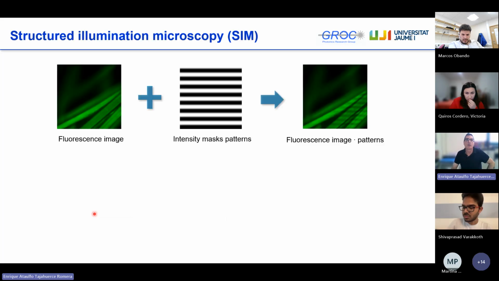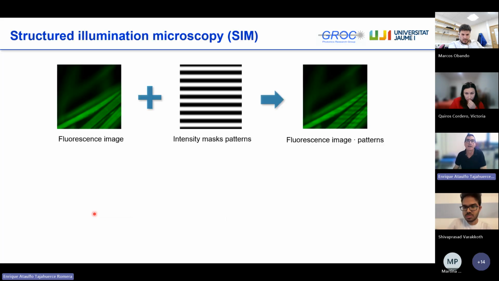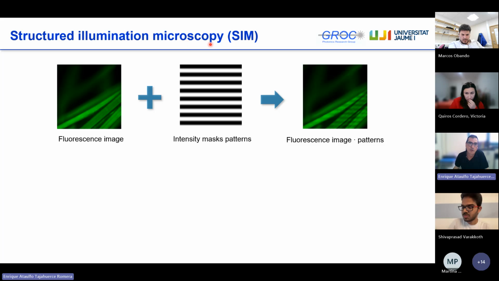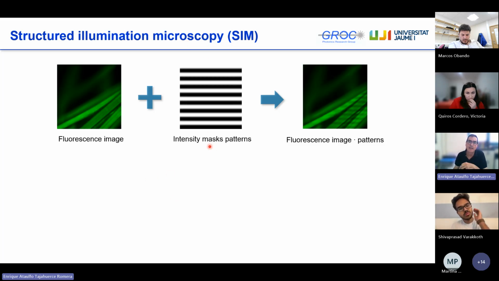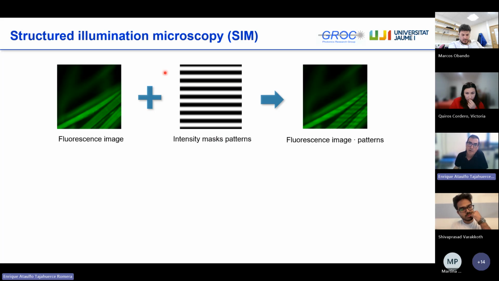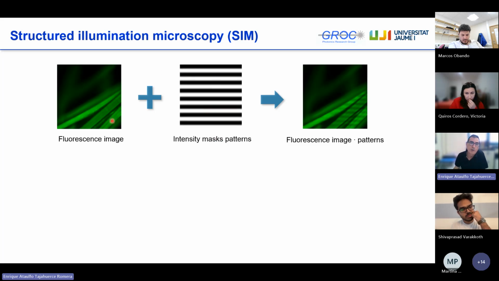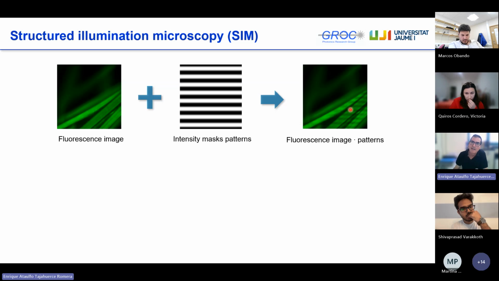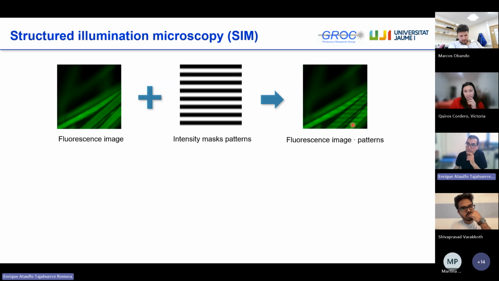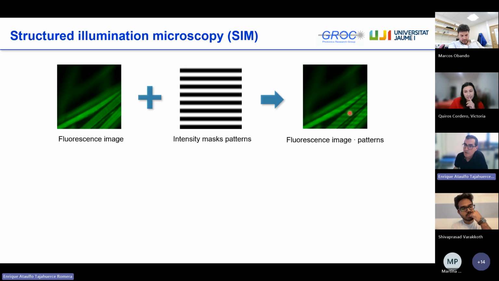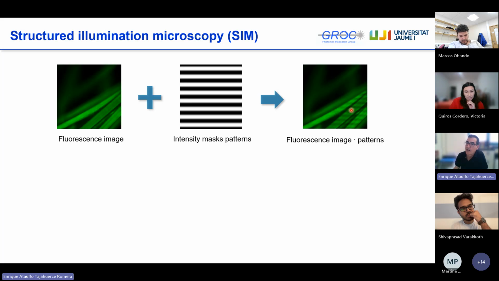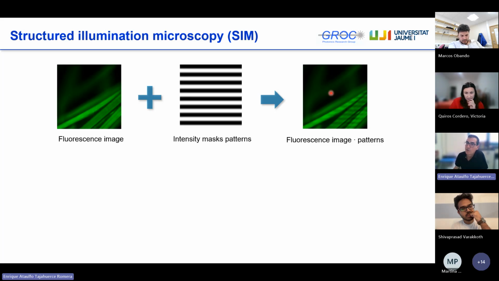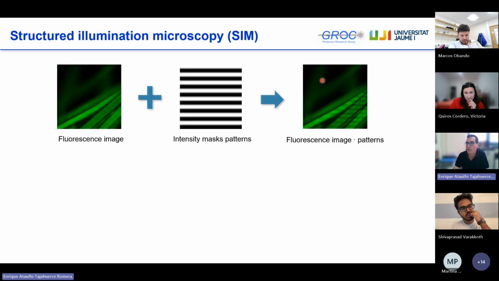This is very easy because we use a very well-known technique called structured illumination microscopy. Maybe you know that when we project intensity masks, if we project gratings onto an image, then because the gratings are very sensitive to defocus, we can see the gratings only in the areas which are in focus, but we don't see the gratings in the areas out of focus.